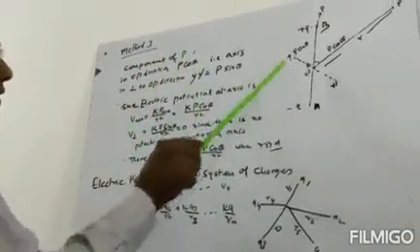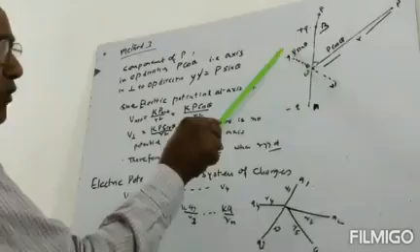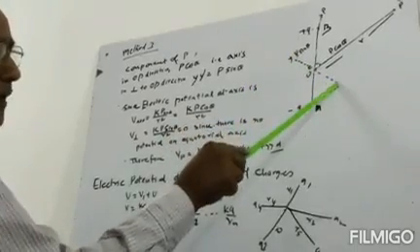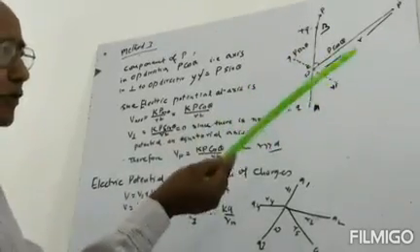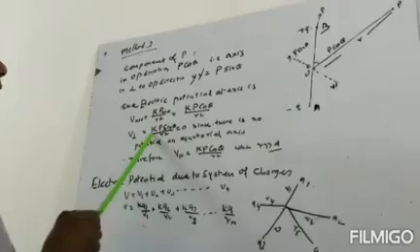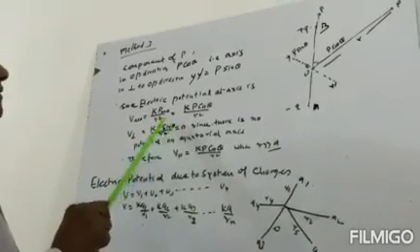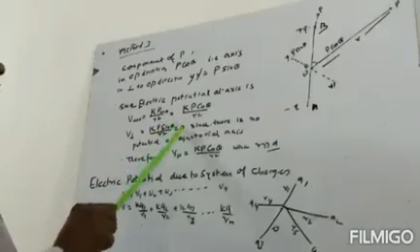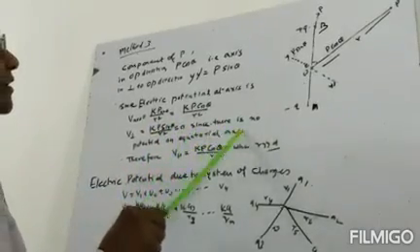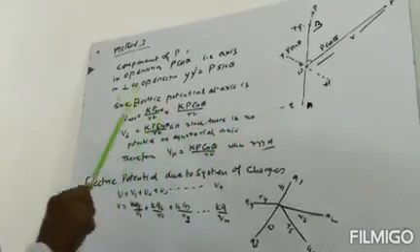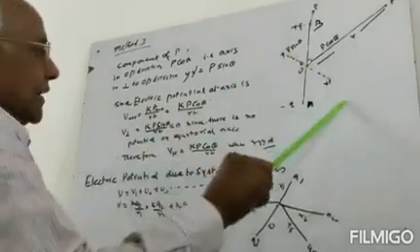Now what will be the potential in the perpendicular direction? The potential on the perpendicular axis will be equal to 0. So K into P sin theta over R square, and this will be equal to 0. So there will be no potential in this y direction.